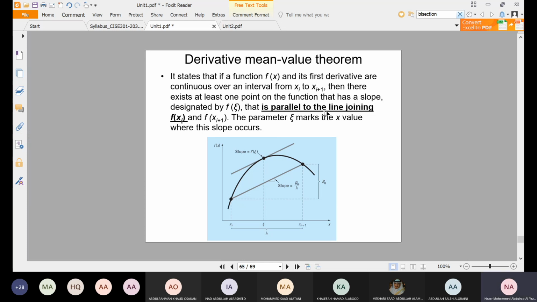This slope will be parallel to the line joining the points xi and xi plus 1.